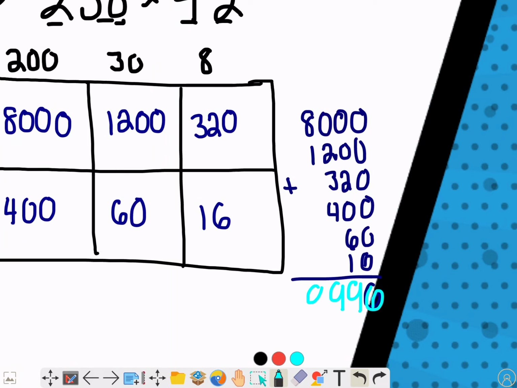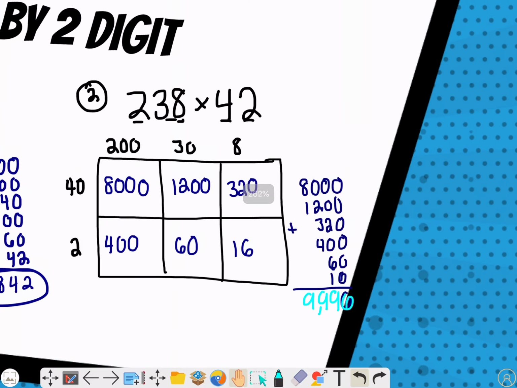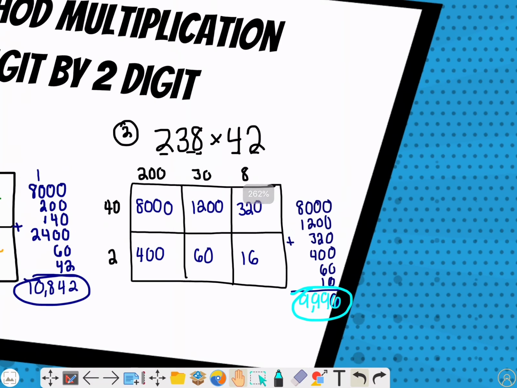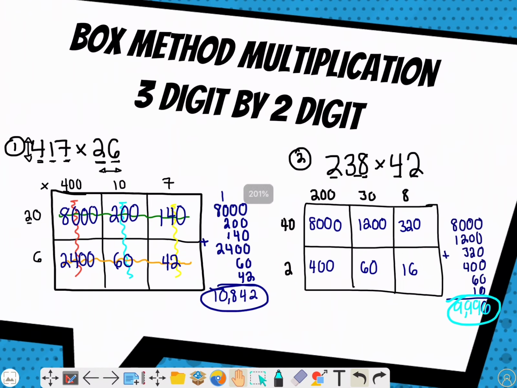And 8 plus 1 is 9. 1, 2, 3, comma. So whenever you multiply 238 times 42, you get the final answer of 9,996.